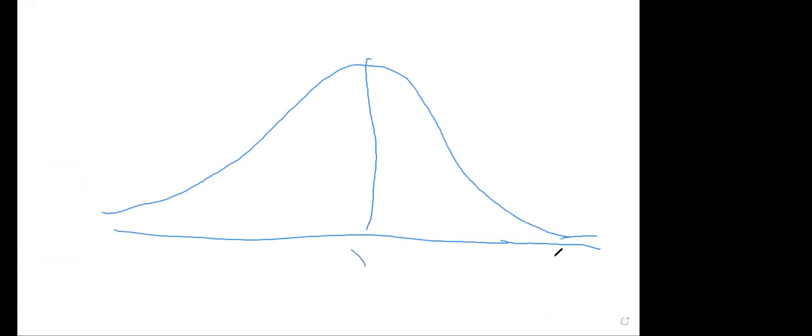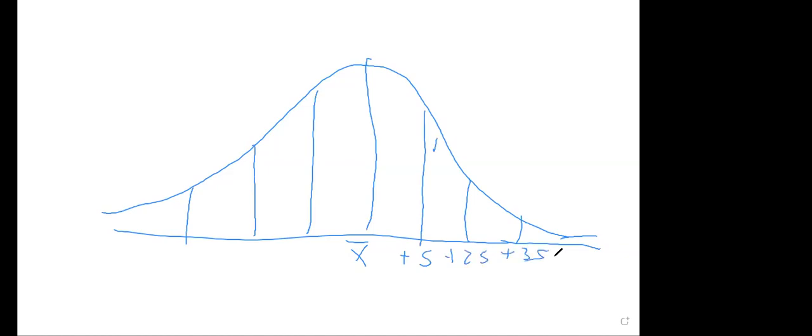Here we can say this is the mean. So we use the standard deviation as the unit of measurement. We have plus 1 standard deviation, plus 2 standard deviations, plus 3 standard deviations. Now, minus 1 standard deviation, minus 2 standard deviations, minus 3 standard deviations.